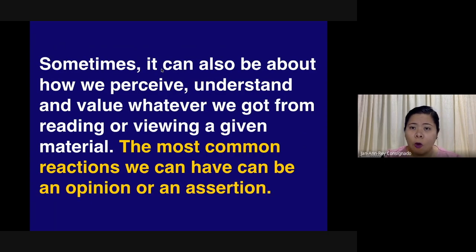Sometimes, it can also be about how we perceive, understand, and value whatever we got from reading or viewing a given material. And the most common reactions we can have can be an opinion or an assertion.